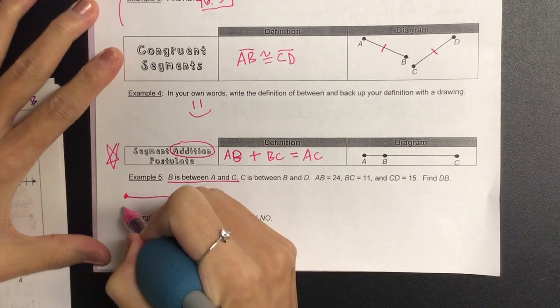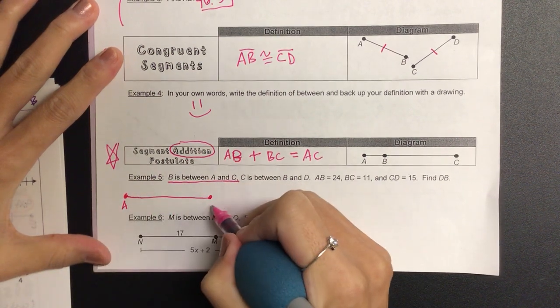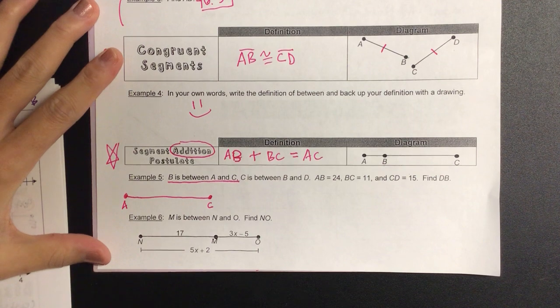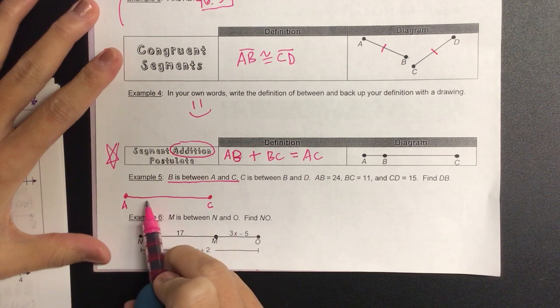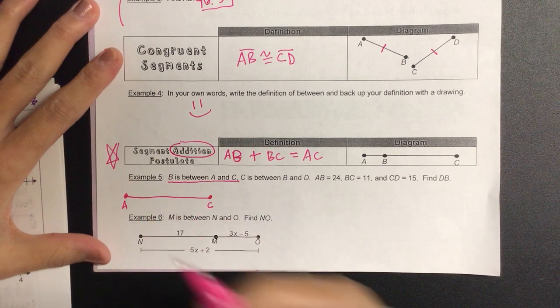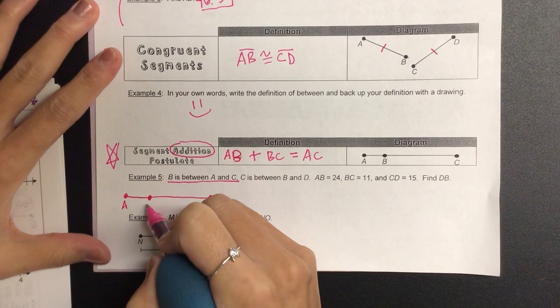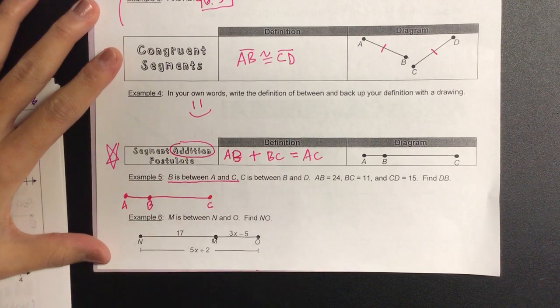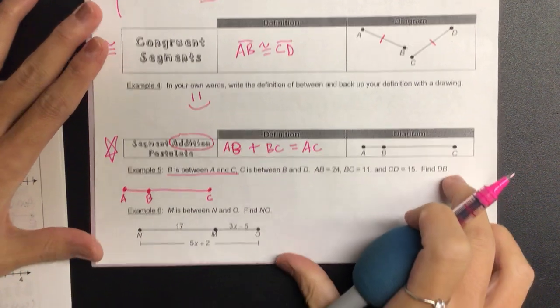Here's my A. How long you make it doesn't matter. Now, did I tell you specifically where to put the B? Anywhere in between. Put it closer to the A if you want, closer to the C if you want. I think I'm gonna put it closer to the A. It does not matter, because figure is never drawn to scale.